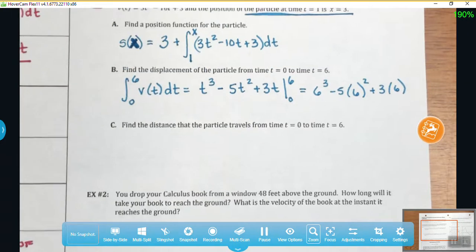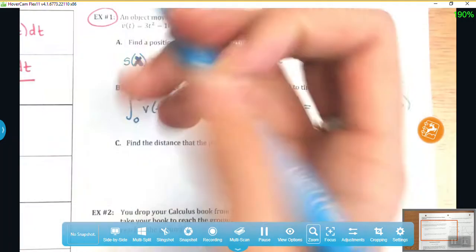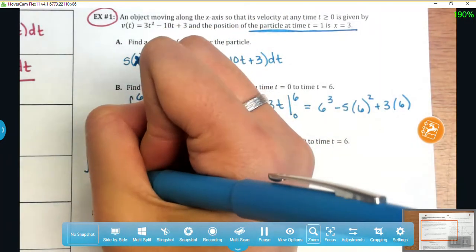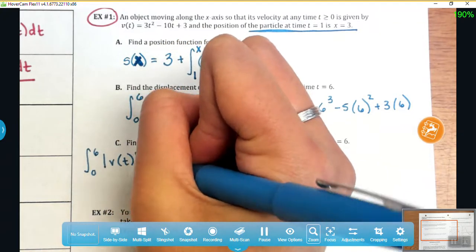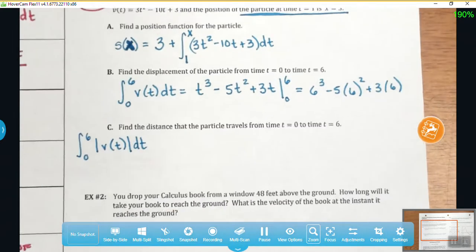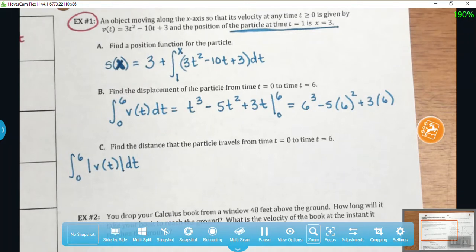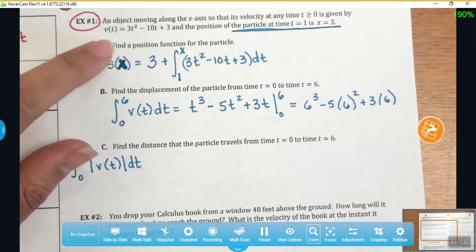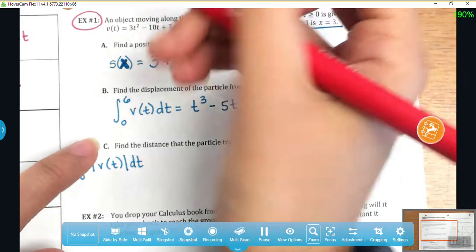Okay, now here's the problem, and distance is the integral from 0 to 6 of the absolute value of velocity, or speed. Integral of speed, but we've got an issue here. Velocity, right here.